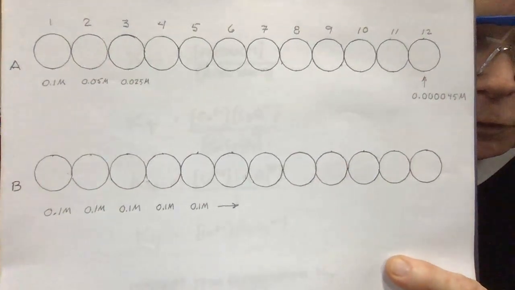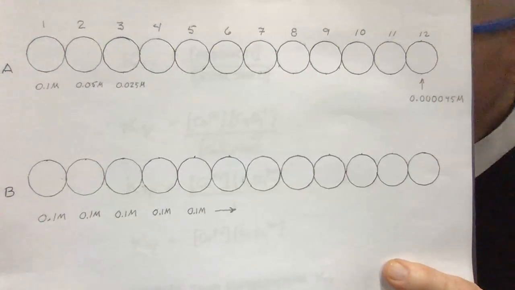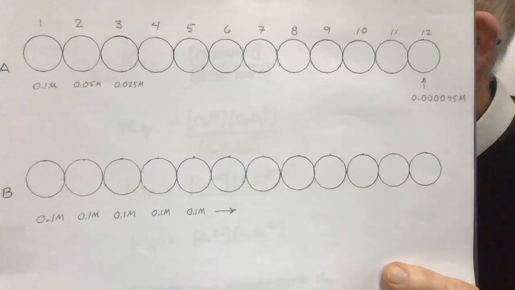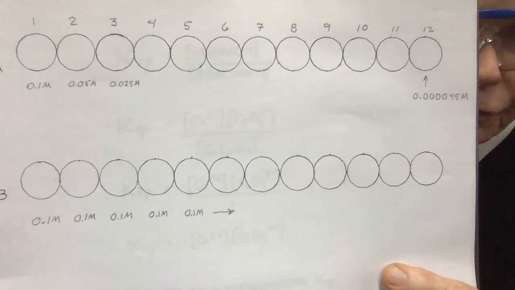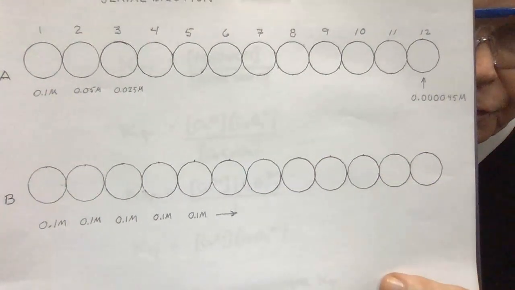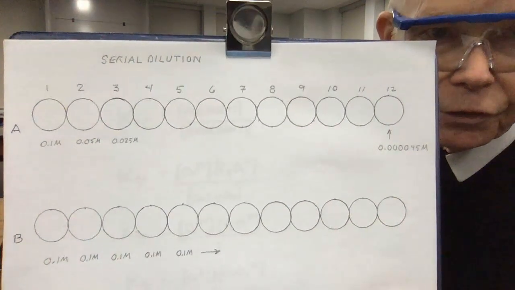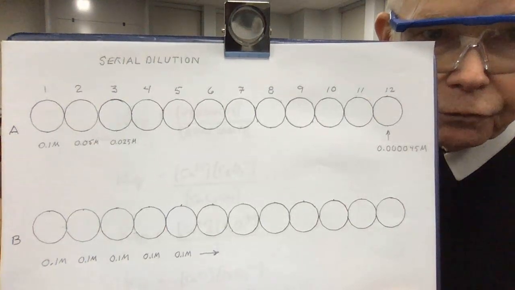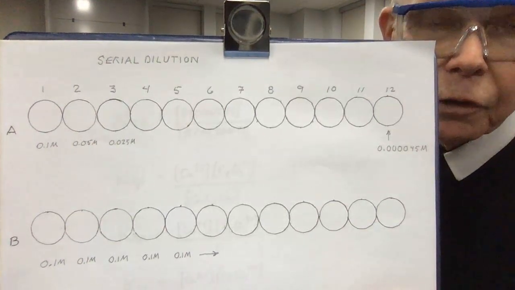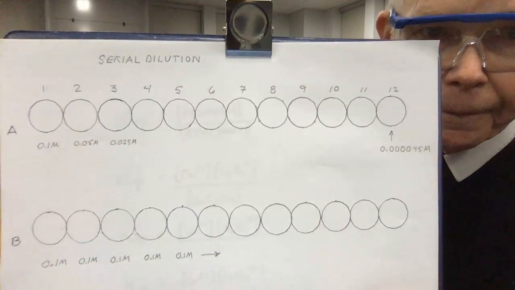The solution in row B is all the oxalate solution, sodium oxalate, and there's no change in concentration there because we're not doing any mixing or diluting. So this is called a serial dilution, in other words, a series of mixtures where we constantly are lowering the concentration of one of the ions in here.